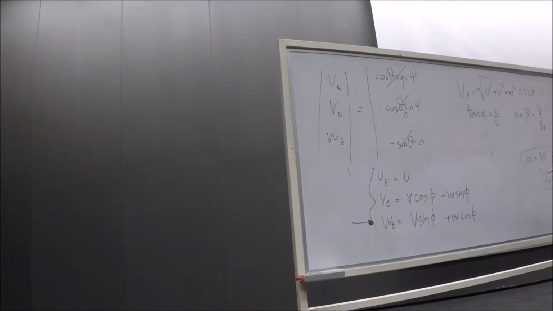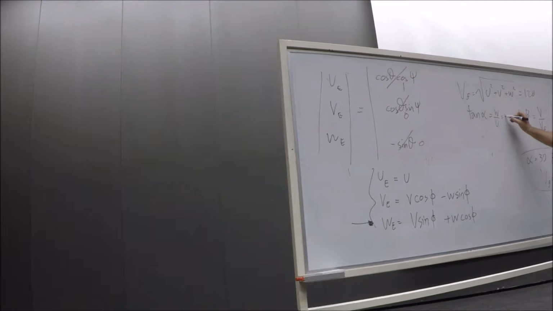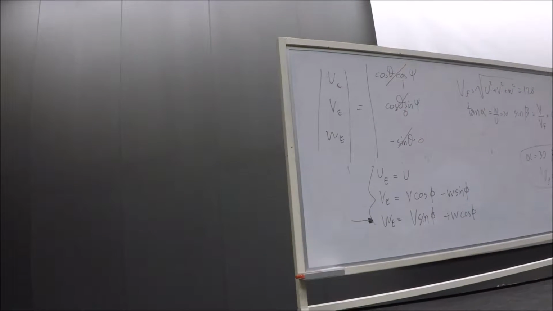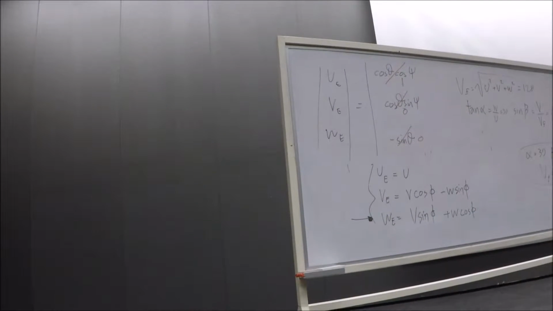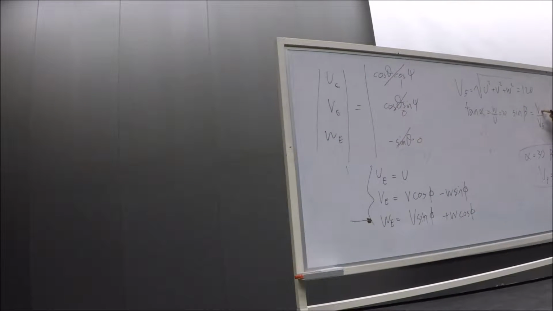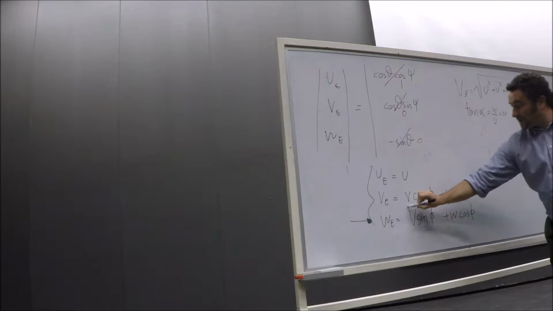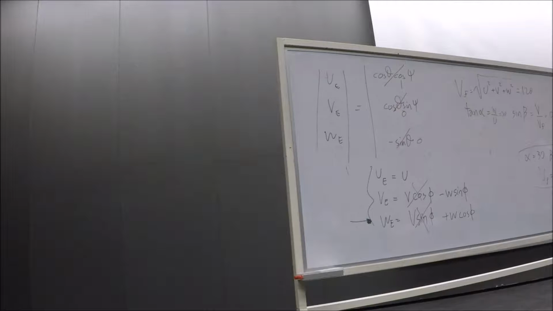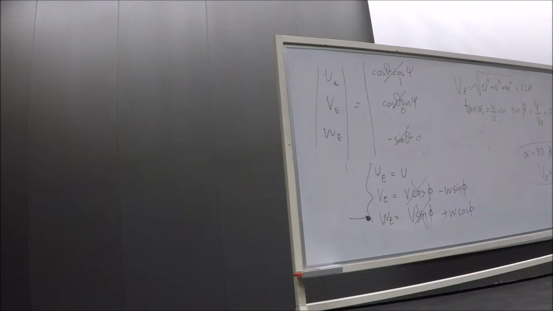So this is equal to 30. This is equal to 0. Okay. So if the side slip angle beta is equal to 0, the velocity component along y will be 0. So this term and this term disappear from the equations. Okay.